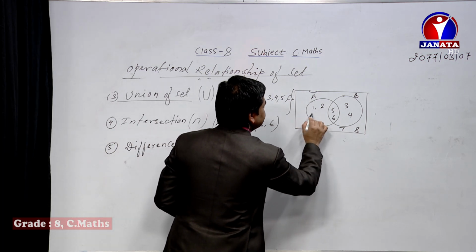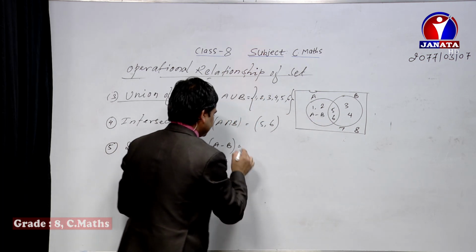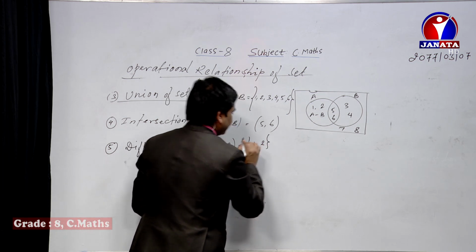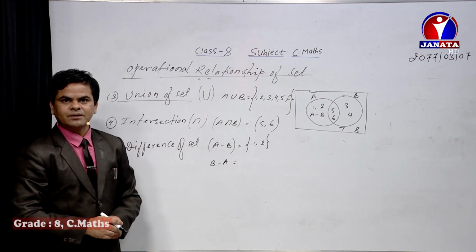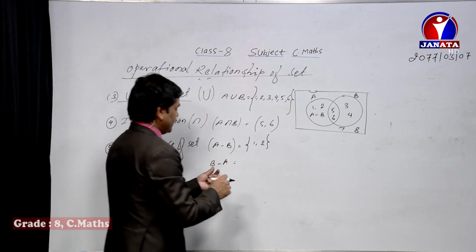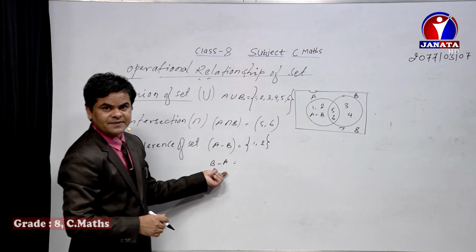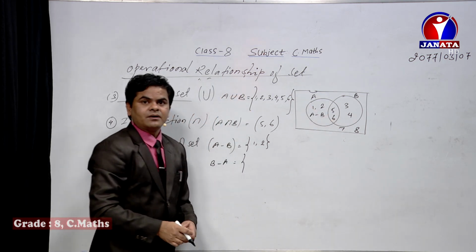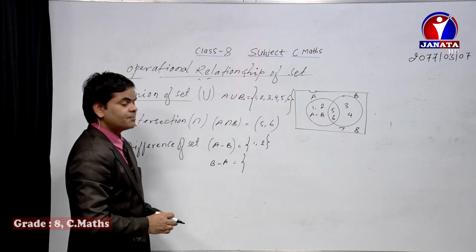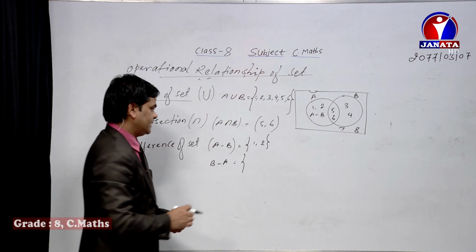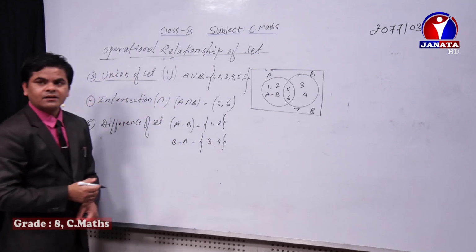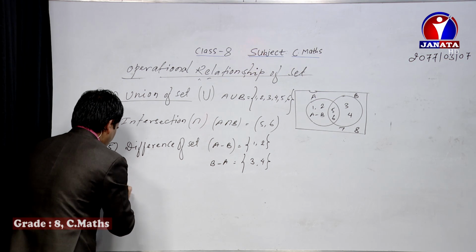That means this is the A difference B. If we include in the listing method, then it will form like this. 1 and 2 are the elements of A only. Now, if you have to find the elements of B difference A, what do we do? Of course, we take the elements of B only. That means the pure elements of B. 3, 4.